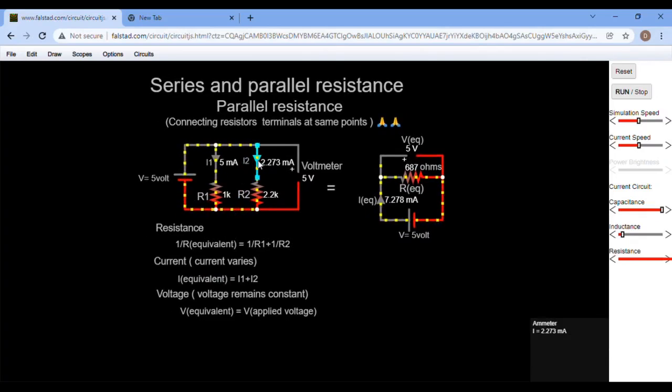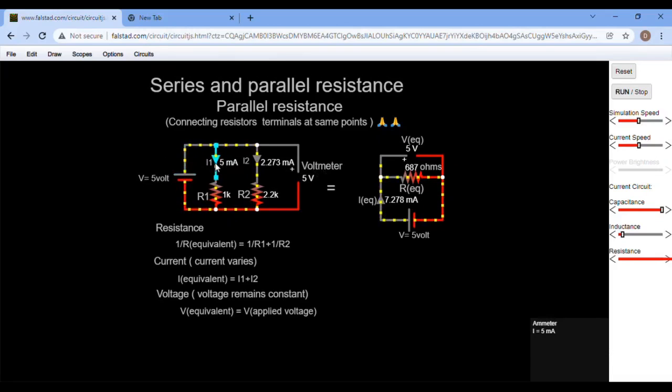Now let us check the value of the resistor from the circuit. I1 is 5 and I2 is 2.273.